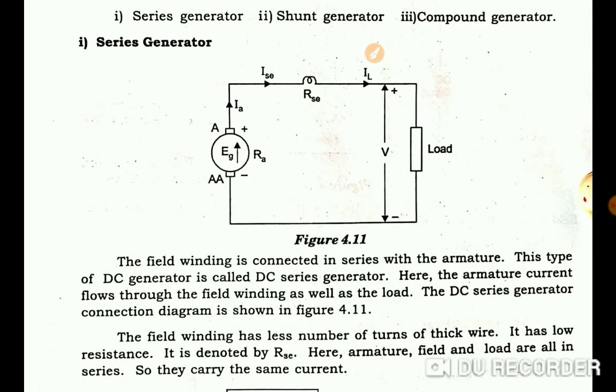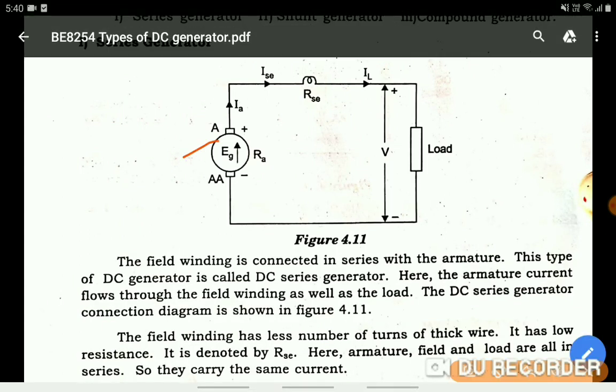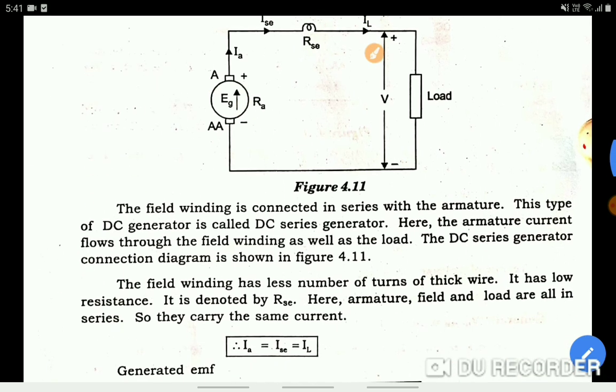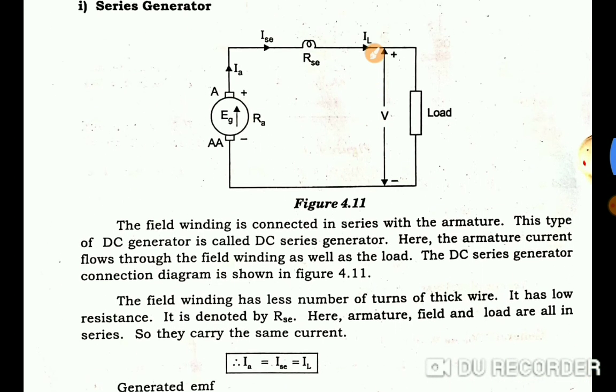EG is the potential rise. Where are all the drops? Drops in the armature, which we represent as IA RA, and the drop in the series field resistance, which we represent as ISE RSE, and there should be a drop in the brush.